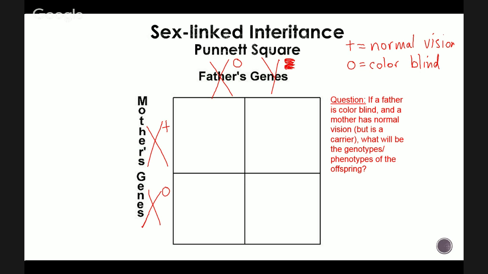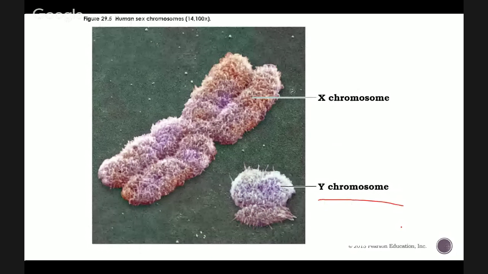No? Okay. So, color trait, what are you confused on? Let's start there. So we have the X chromosome here, we got the Y chromosome here. The X chromosome is physically larger. The Y chromosome is physically smaller, right?